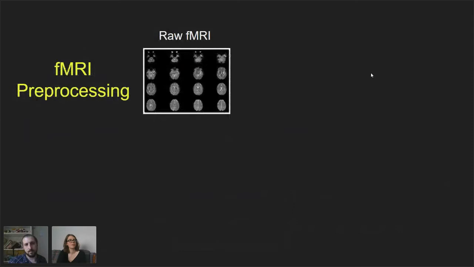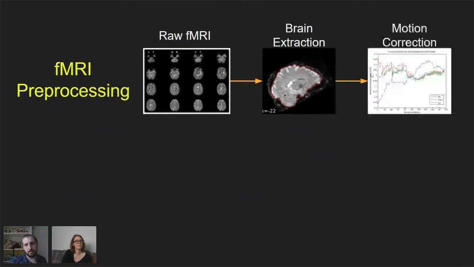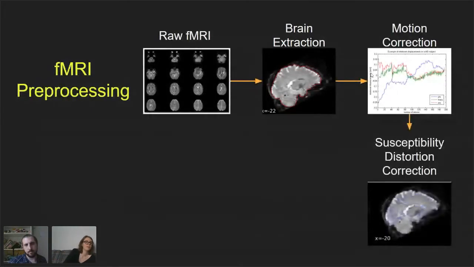Here's an example of a raw fMRI image. Importantly, we need to find the brain. Surprisingly, the hardest part. We need to correct for motion, so people moving in the scanner. We need to correct for susceptibility distortions. Actually, this is a cool GIF because you can see the distorted areas kind of moving in and out, especially around the cortex in the front.